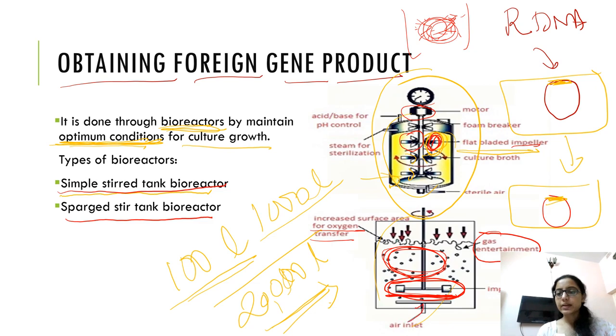Here the air inlet is present, and air is inserted from here, fulfilling the oxygen requirement for the growth of the cells growing inside this bioreactor. So these are the two types of bioreactor. First one is the simple stirred tank, second one is the sparged stirred tank bioreactor.